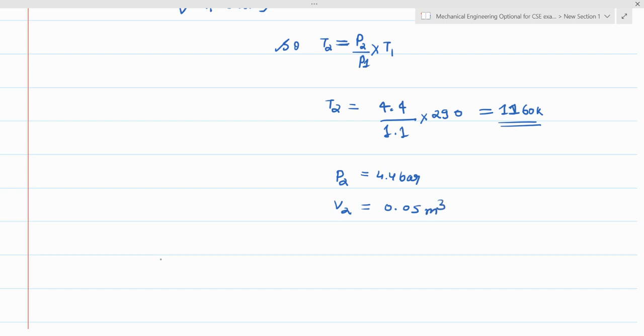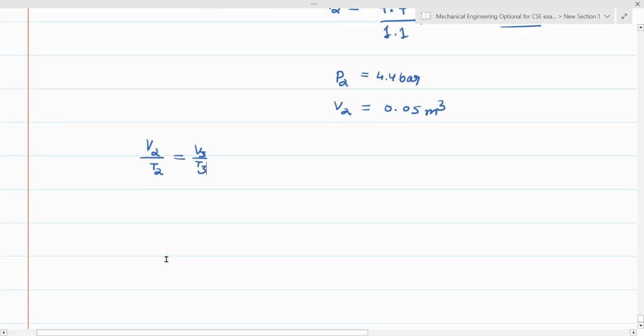Now again, using the ideal gas relation at a constant pressure process, we know that V2 by T2 should be equal to V3 by T3. As T3 is equal to T1, given in the question, we substitute to get the value of V3.